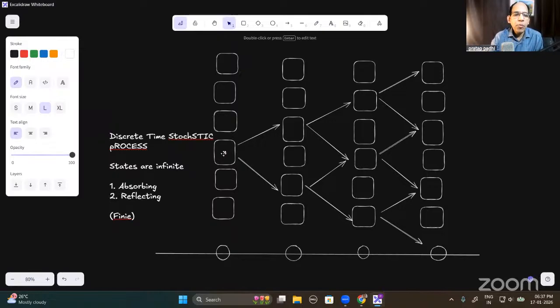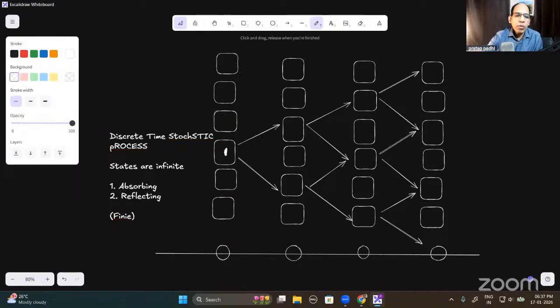State diagram means, suppose any number. Let me write one here, then this will be -1, this will be -2, this is 2, 3, 4 this way. If I write 1 here, in parallel you see 1, 0, -1. From 1 you can go to 2.